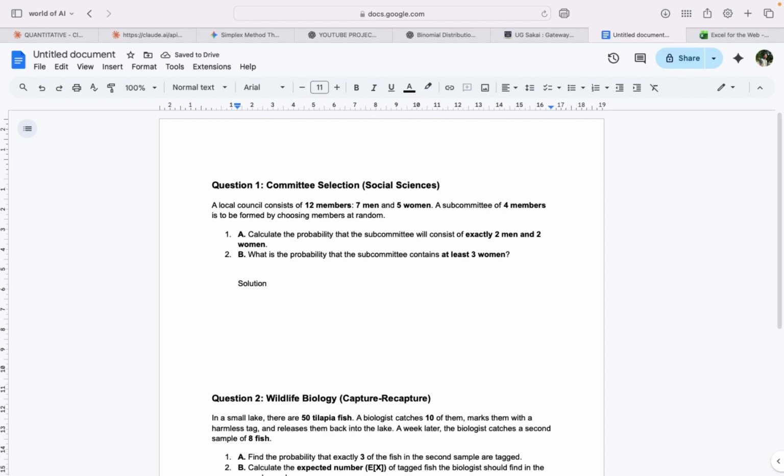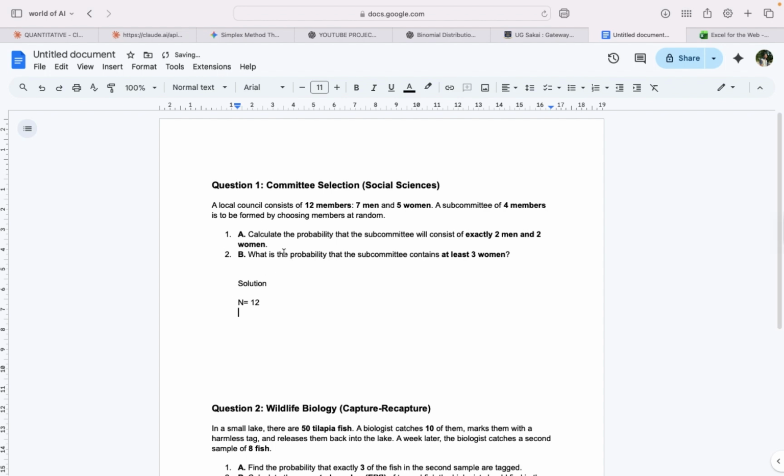So we know the number of members is 12, so our capital N is 12, right? We have 12 members here. And then we are saying that 7 are men and 5 are women, right?